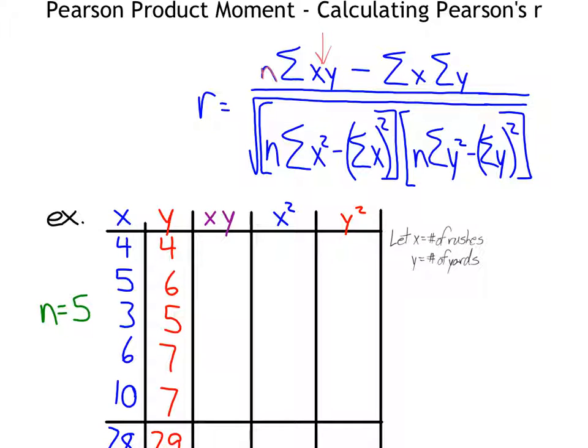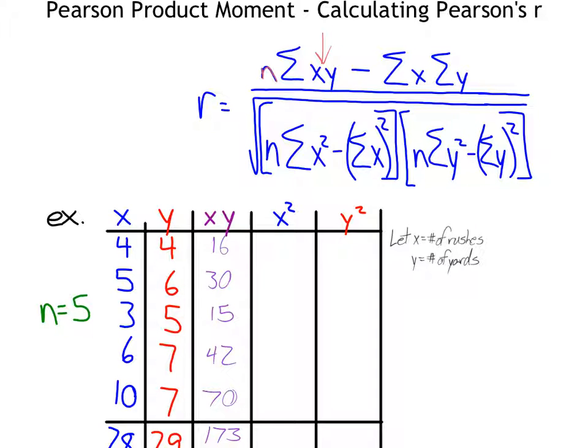I have my x's, I have my y's, and now we're going to multiply all those together. So 4 times 4 would be 16, 5 times 6 is 30, 3 times 5 is 15, 42, and 70. Then we add those all up, so that's 173. That's what's going to go in the formula right there.